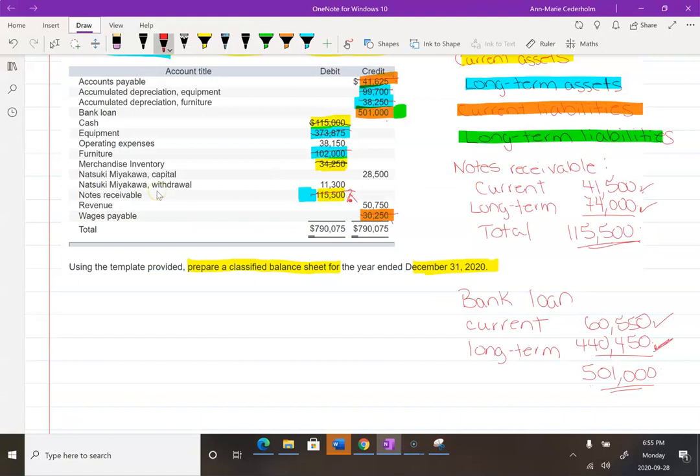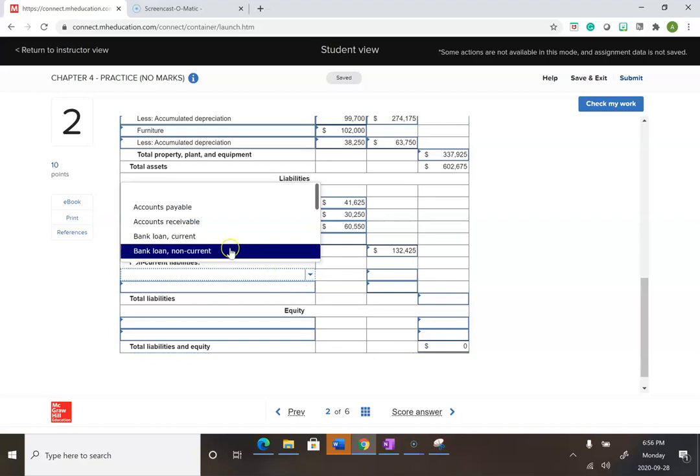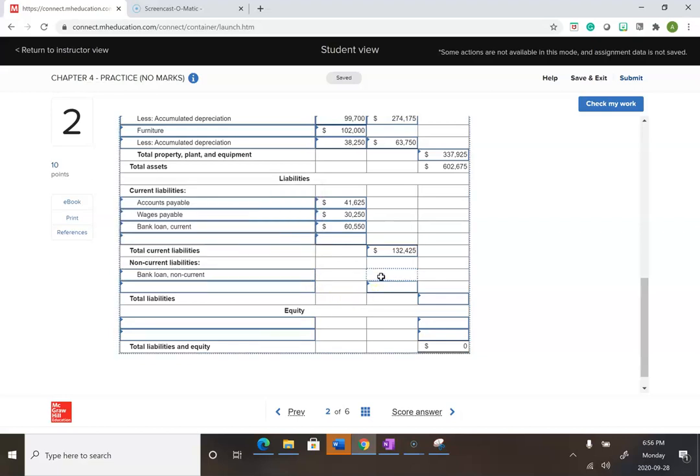So I'm going to move that 440,450, and then I can cross this bank loan off. So bank loan non-current for 440,450. Then I can add up my current liabilities and my non-current liabilities. So those are my long-term liabilities, and those equal 572,875.